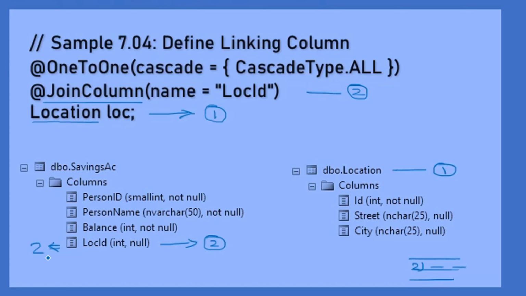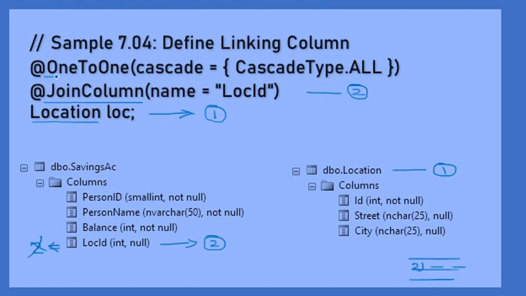So here we won't store 2. Instead, what happens, the join column tells that it is a joining column, so they go and scan the specific record, load that entity and store it here. So that's the significance of join column.